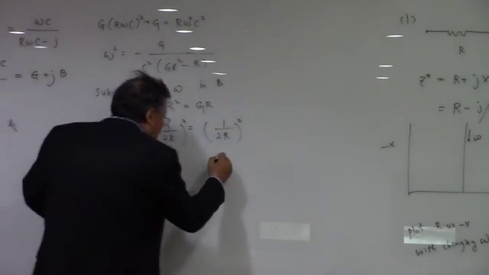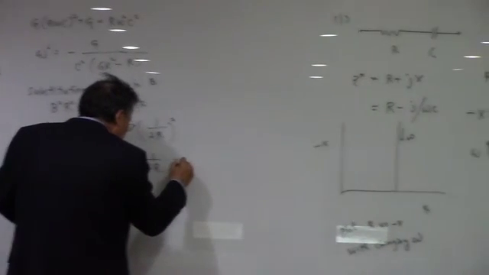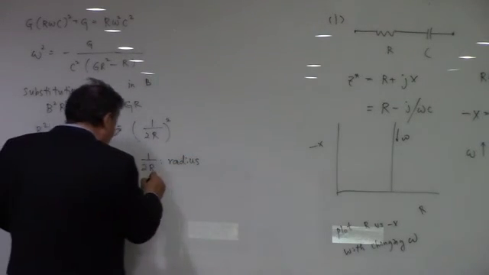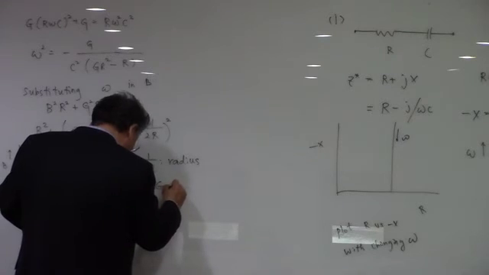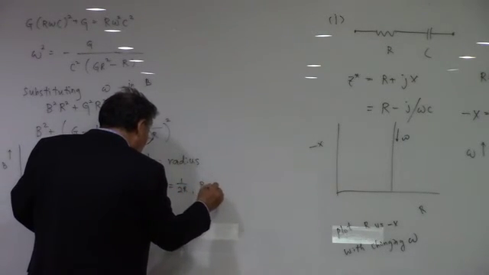And here, 1 over 2R is the radius. Okay, G equal to 1 over 2R, B equal to 0.